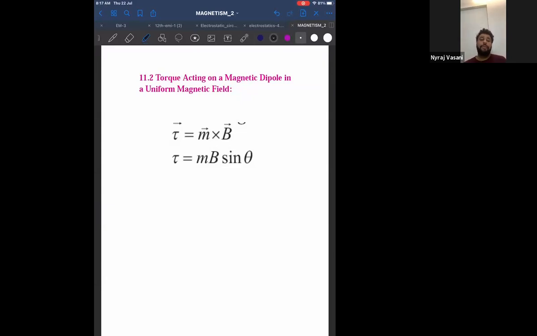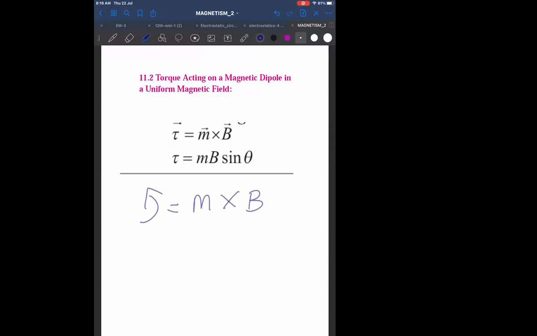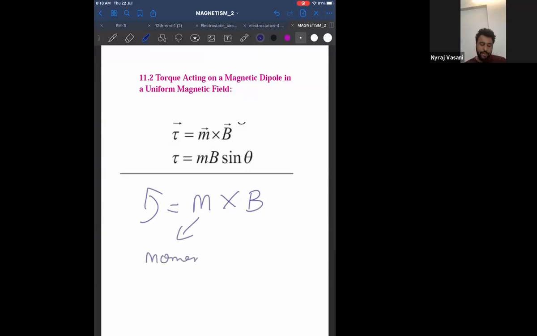Now, this formula is specifically for a torque acting in a uniform magnetic field, and the formula for torque acting in a uniform magnetic field is tau, that is torque, equal to M cross B. And you should also know that cross product means sine theta. A cross B is AB sine theta, or I can say MB sine theta, where M is your magnetic moment and B is your magnetic field.